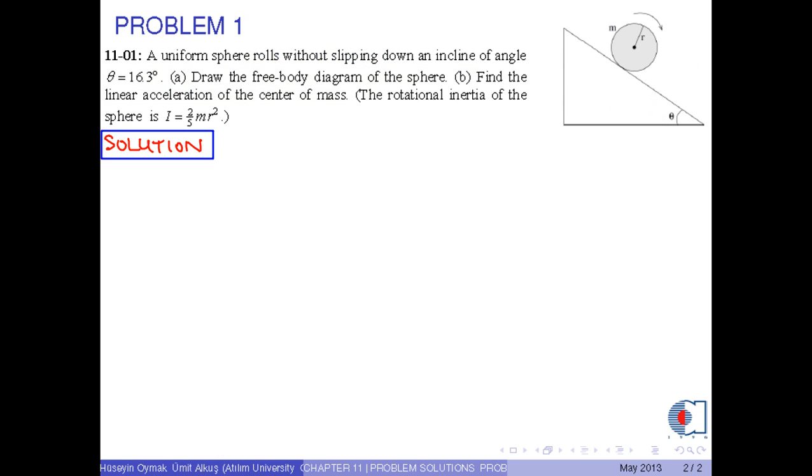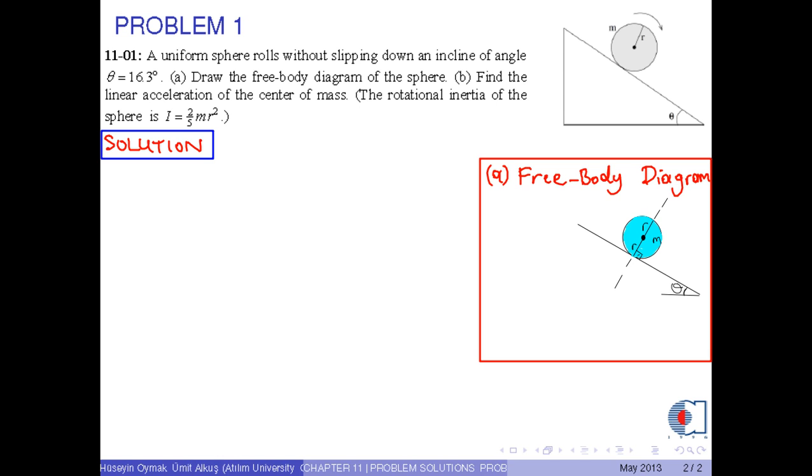In part A, we draw the free body diagram of the sphere as follows. First, we represent the sphere as it is. The gravitational force acting on the object is a downward force with magnitude m times g, and it can be decomposed into the components parallel and perpendicular to the surface.